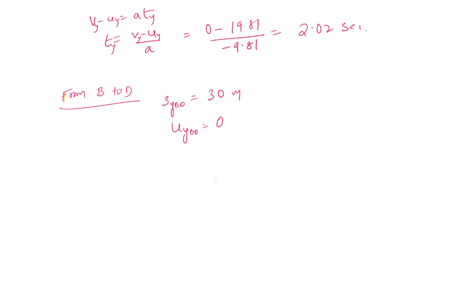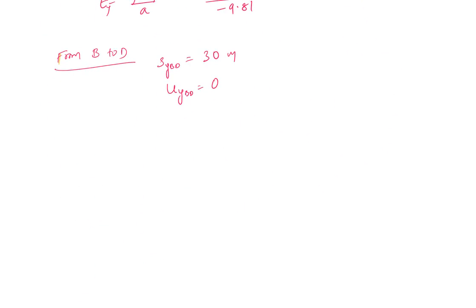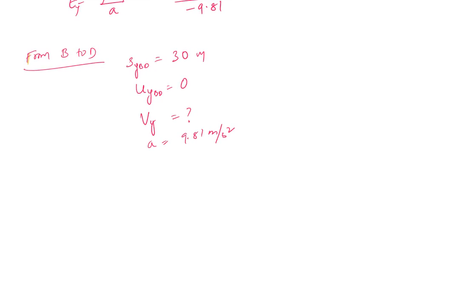So the initial velocity at B is 0. Final velocity we don't know, we have to find. Of course, acceleration is 9.81 meters per second squared, as always. So v squared minus u squared is 2as, where all of these are y.